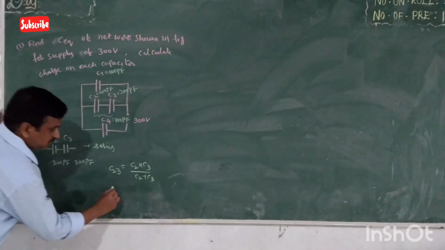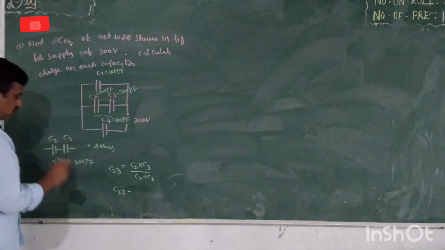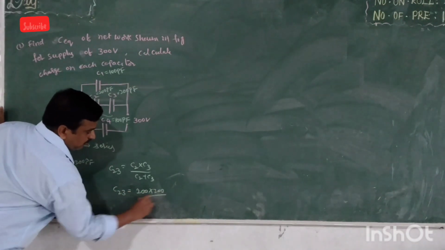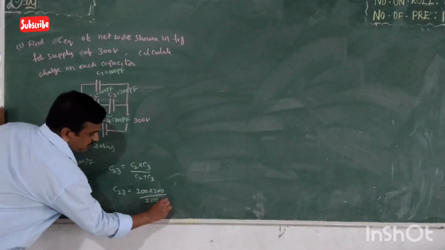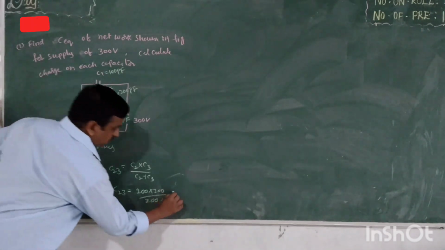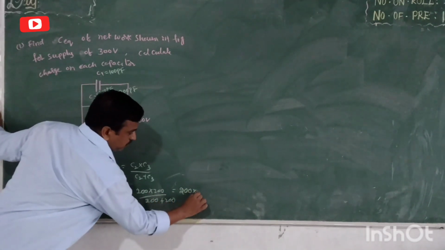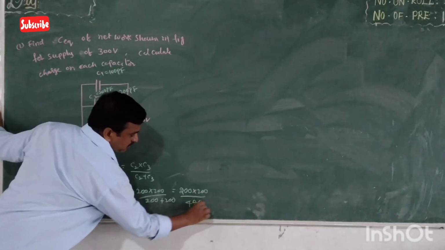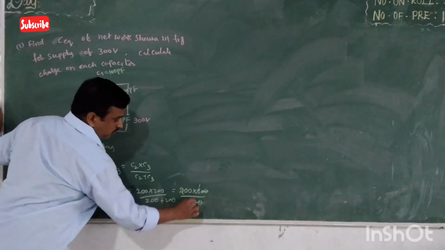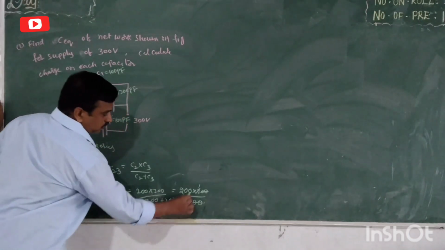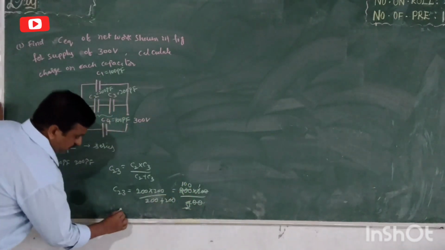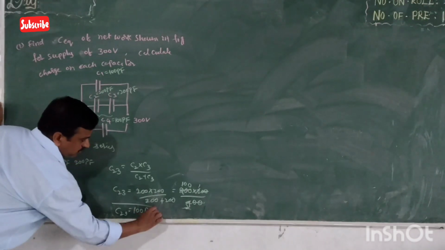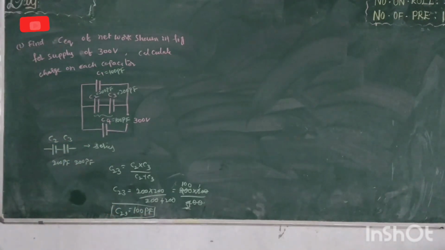C23 equals 200 into 200 by 200 plus 200, which is 400. Here the two zeros cancel, two ones, two twos, so what we get is C23 equal to 100 picofarads.